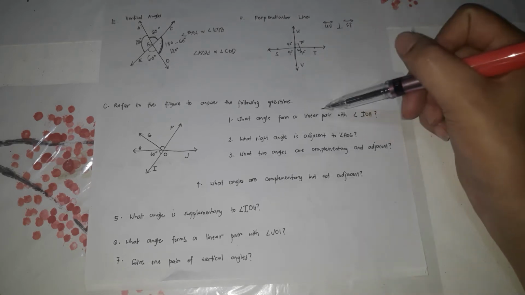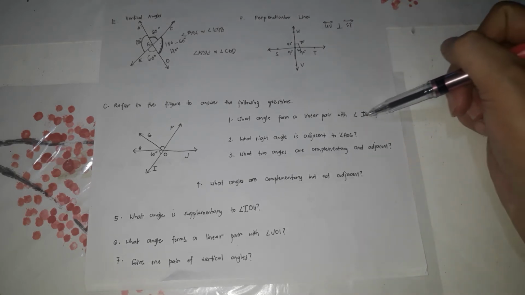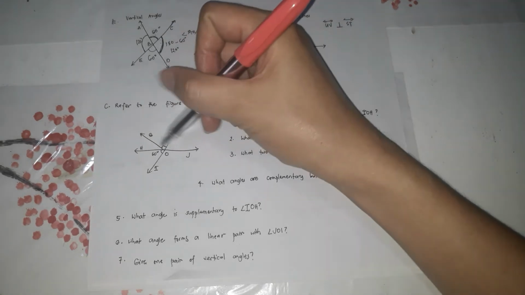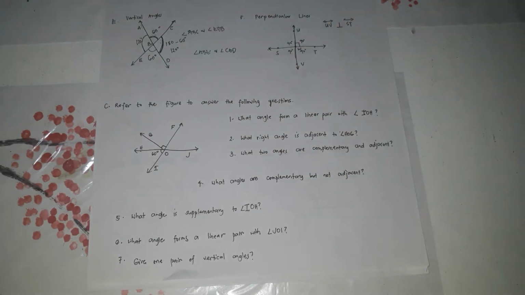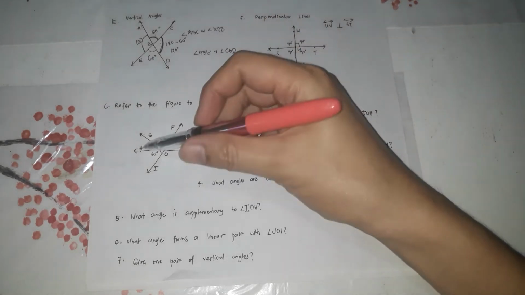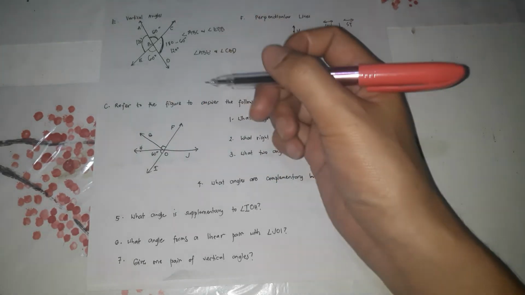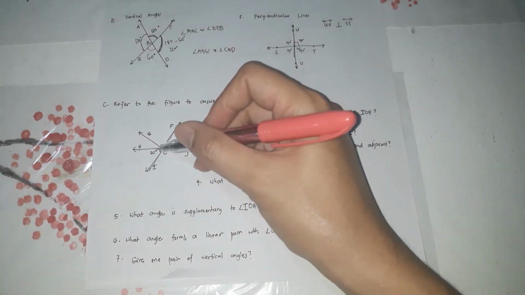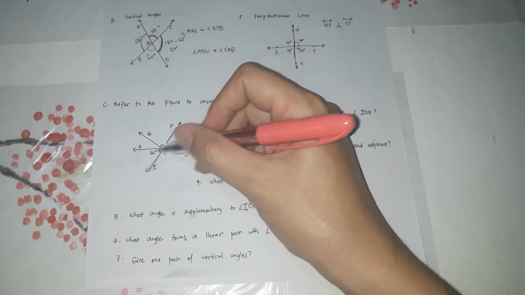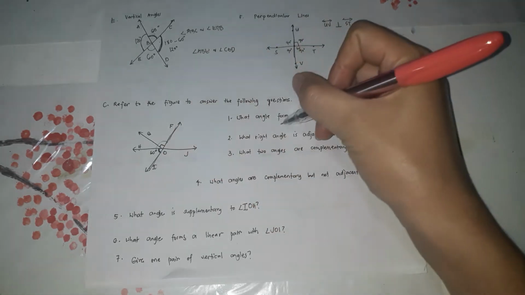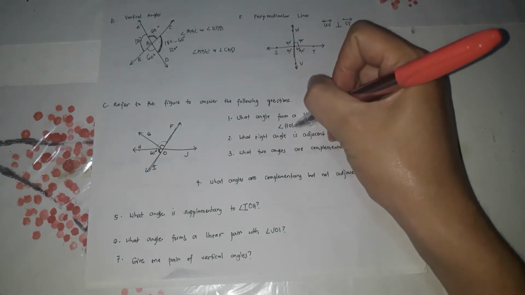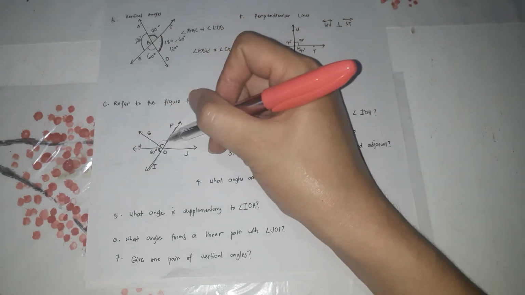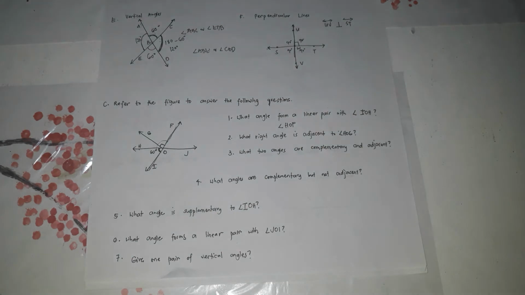What angle forms a linear pair with angle IOH? So this is IOH. Ano daw yung naga-form ng linear pair with IOH? There are two possible answers. If this is the line that you are talking about, ibig sabihin, dahil ito si IOH, so if ito siya is the first angle, then angle HOF is the first linear pair.